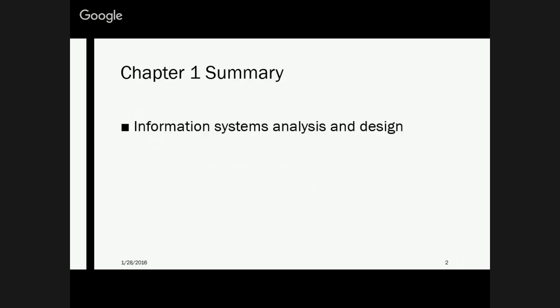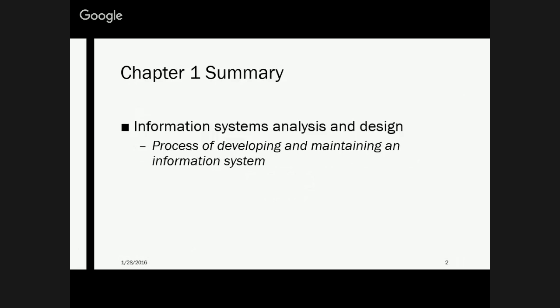So just to summarize chapter 1, we talked about information system analysis and design, the process of developing and maintaining an information system. There's a bunch of different ways to go about this, but there's a life cycle to go through.